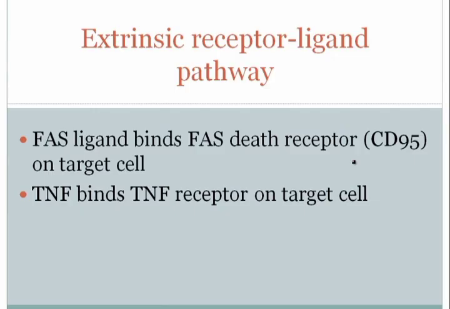And this becomes a very high-yield way by which this pathway can be tested. Another example would be tumor necrosis factor binding tumor necrosis factor receptor on a target cell. But for me, this really is the high yield: Fas ligand Fas death receptor in the context of negative selection of T cells in the thymus.